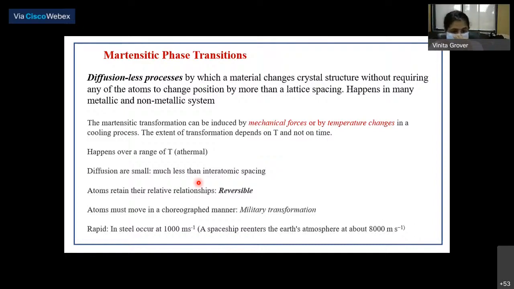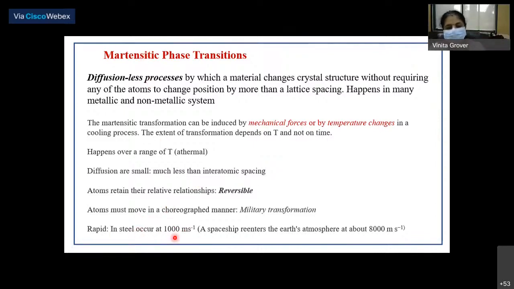Ideally, what I want to tell you is that these are very, very fast phase transitions. They happen only by slight tilting, slight twisting of the bonds. And because they require simple tilting and twisting, they are very, very fast. The speed is actually in steels, where they're mostly seen. Martensite is a steel phase.